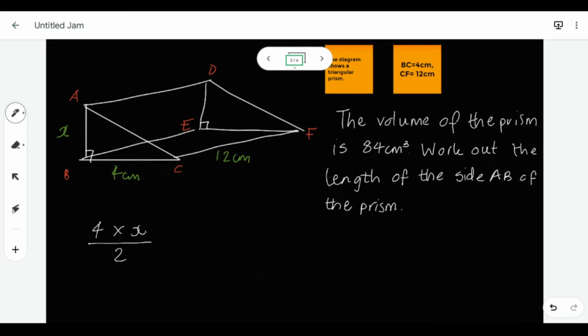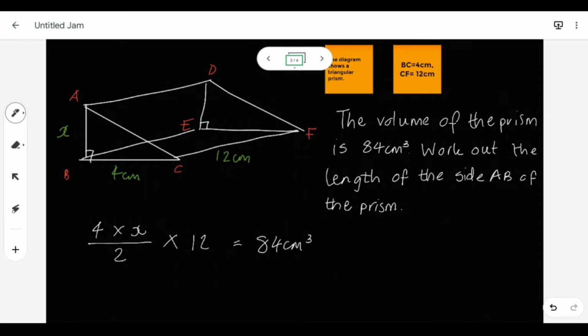Now if we wanted to work out the volume, we'd then times this area by the length, which is here. So again, times by 12. Now this should equal the volume, which is 84 centimeters cubed.